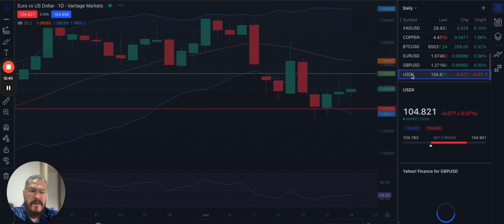Let's see if it populates the dollar index faster. And it isn't. Dollar index is on the downside by right about 0.07%. Anyhow, I do apologize that the chart's not loading up.